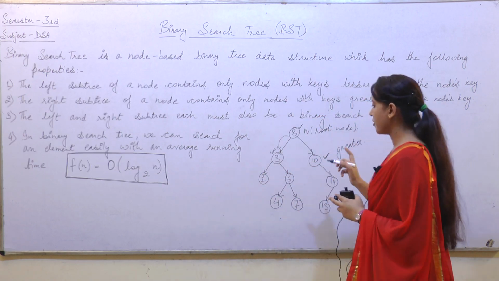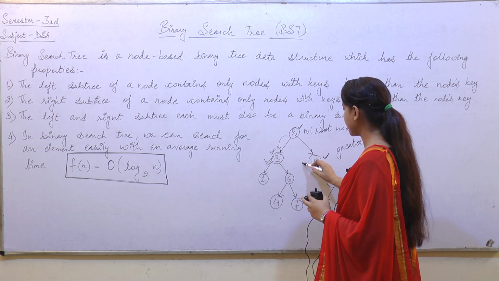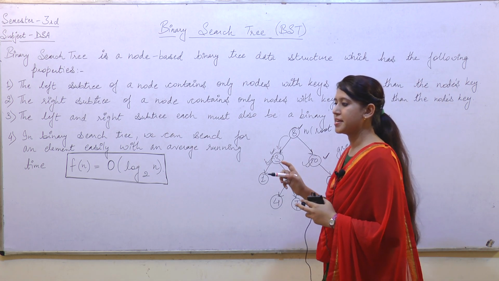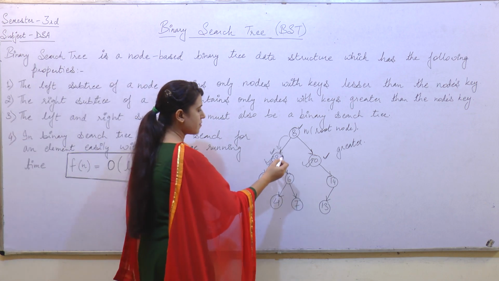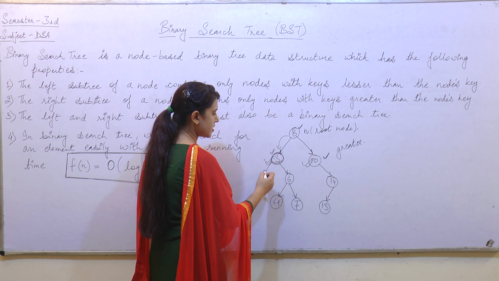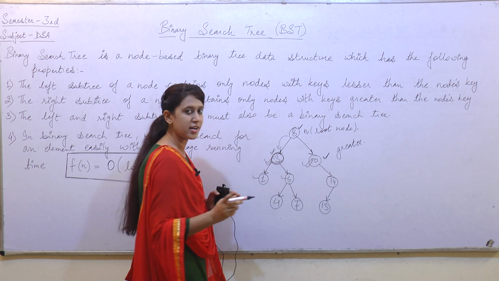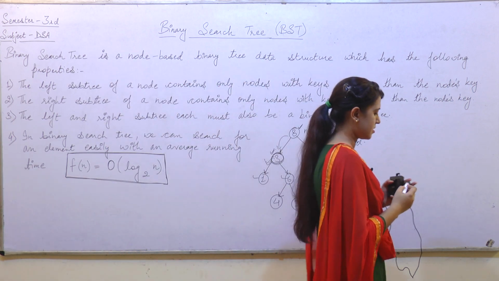So we must always keep in mind that the left subtree and the right subtree must also be binary search trees. That is, this left subtree, then its further children and further left subtrees and right subtrees, should also have the property of the binary search tree.